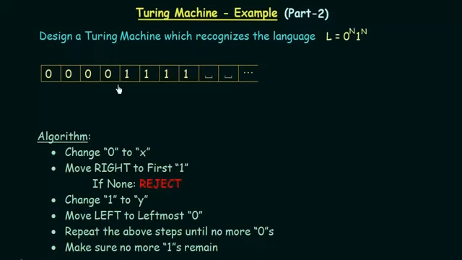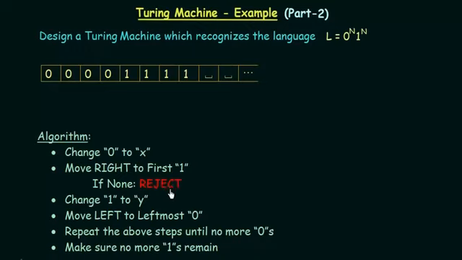Alright, so here we have the tape in our Turing machine, and the algorithm says that the first step is to change 0 to x. We replace the first 0 on our tape with x, and then we move right until we find the first 1, and if we cannot find a 1, we have to reject.